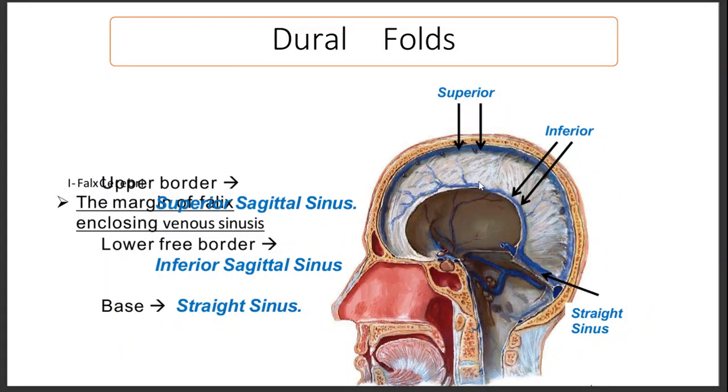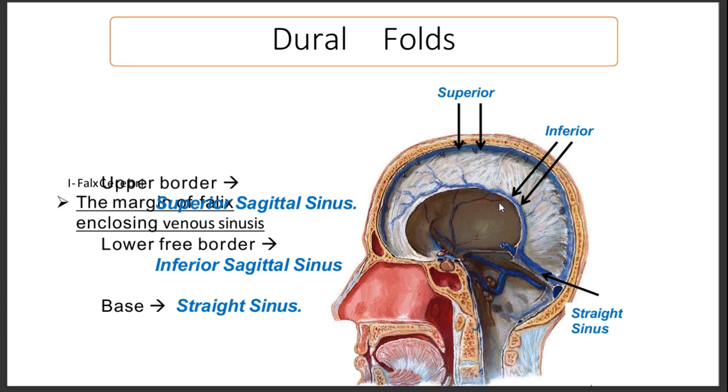And you can see that inside the falx cerebri, you are going to have venous sinuses. These are blood vessels. These are veins. You have got this big vein on top. We call it the superior sagittal sinus.